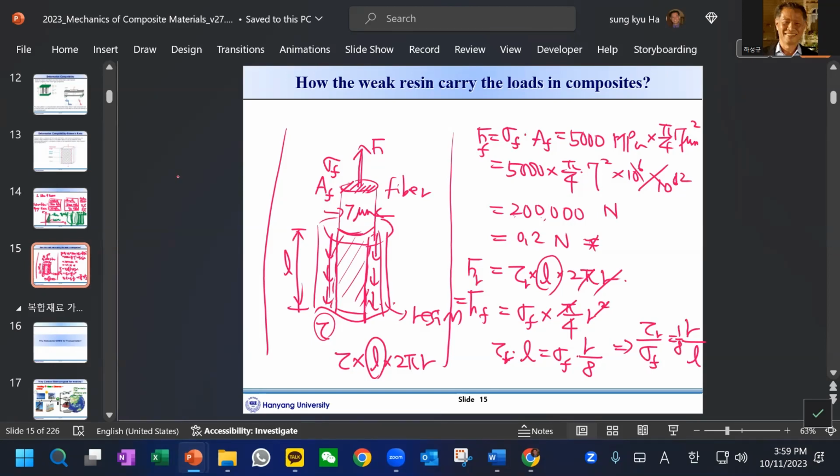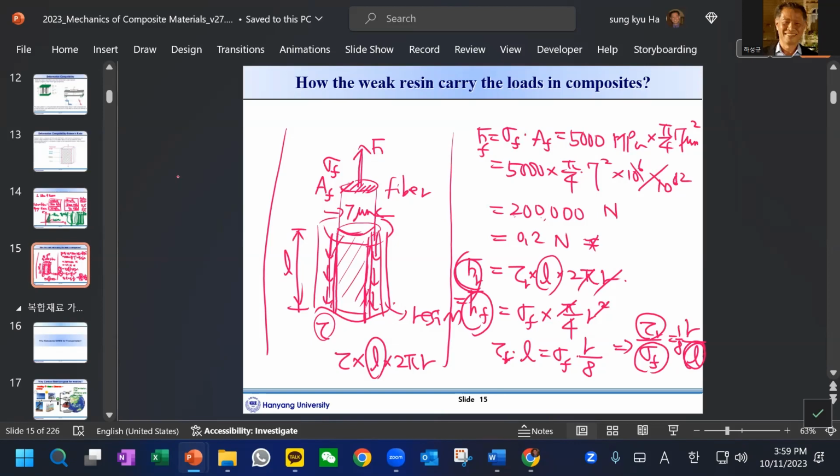So this guy, fiber strength, will be very high. This resin shear strength is relatively small, but this load is carried by the resin system. How? Because we have a long contact area on the surface.